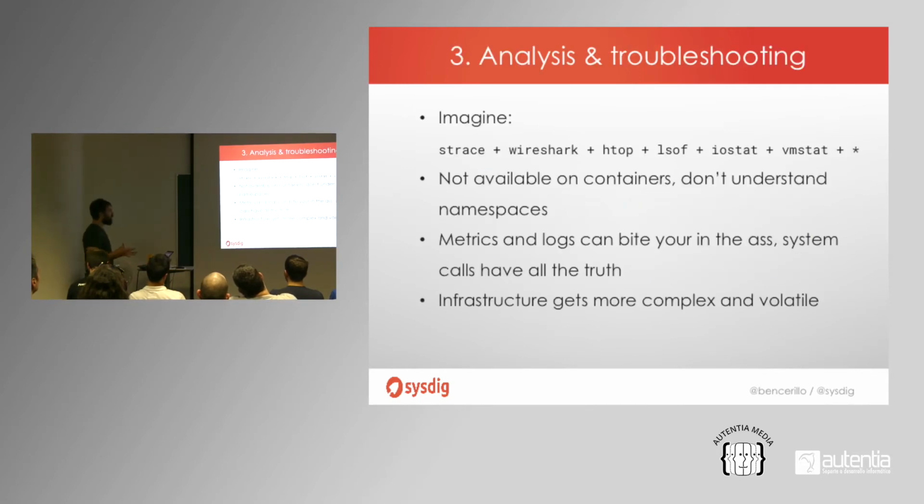Imagine all those tools that you used some years ago for Linux troubleshooting, strace, Wireshark, htop, lsof, iostat, all those tools that are not really useful anymore because they don't understand namespaces.